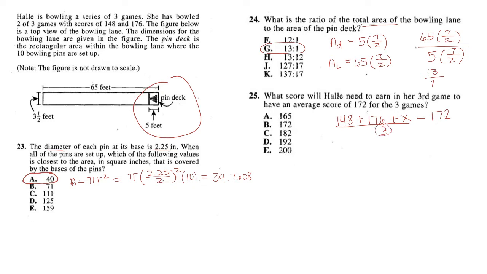Now, of course, we do need to multiply that 3 over, and we can go ahead and add our 148 and 176, so that's going to give us 324 plus x equals 516. And so x, when we subtract that over, is going to give us 192. And so that's answer choice D.